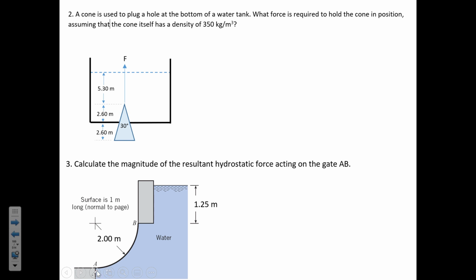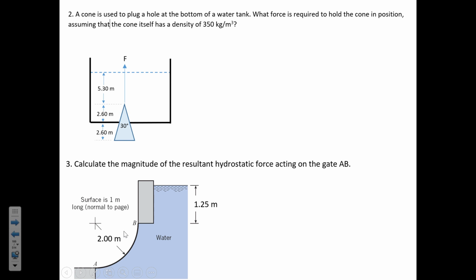And then the vertical forces are related to the weight of the water that's above the gate. But here you can see that what's above the gate is just air, and so there's actually no weight of water above the gate. The vertical hydrostatic force, instead of acting downward, is the water pushing up on this curved gate.